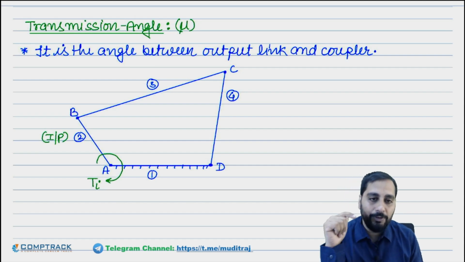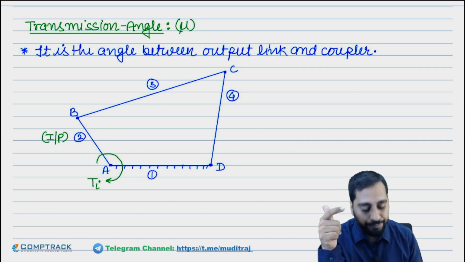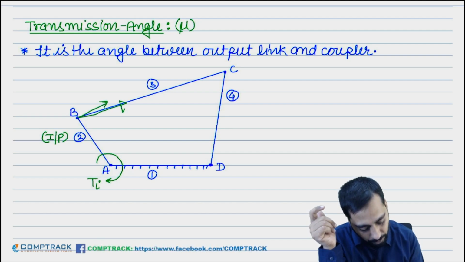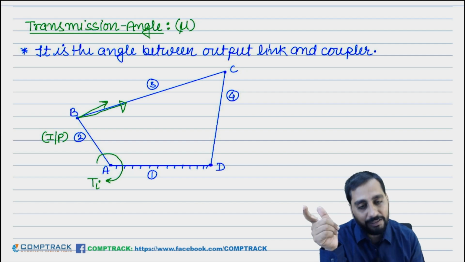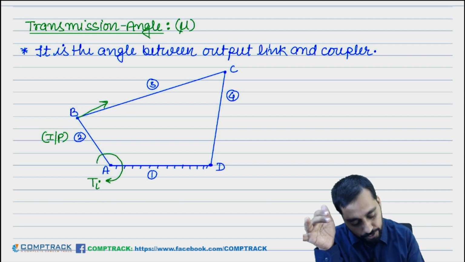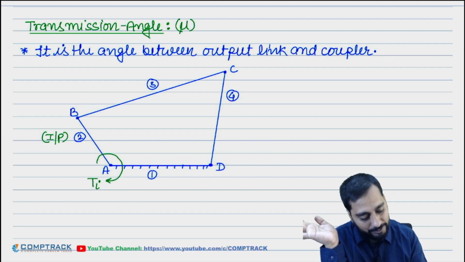So when we apply torque here, this link will apply some force like this. Some force will go along the third link and some force will go away from the third link. The force will be transferred by link 2 on link 3, then link 3 will apply force on link 4.